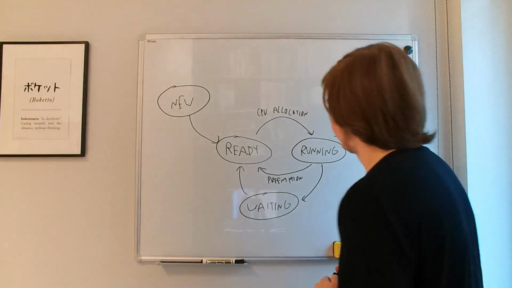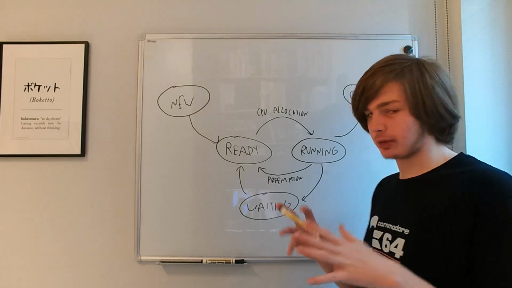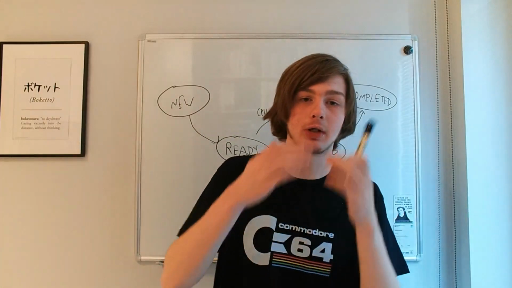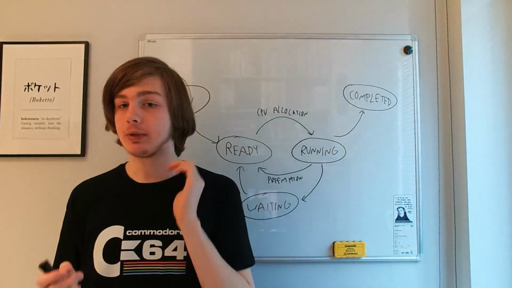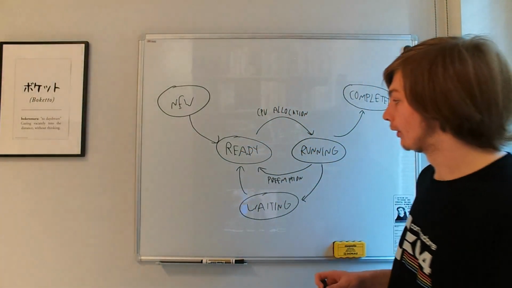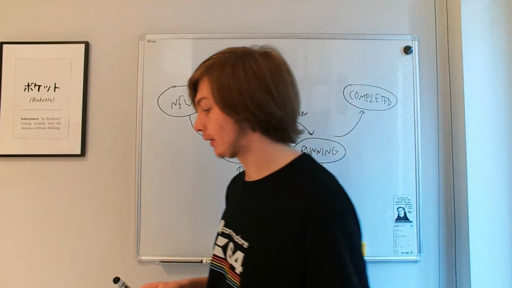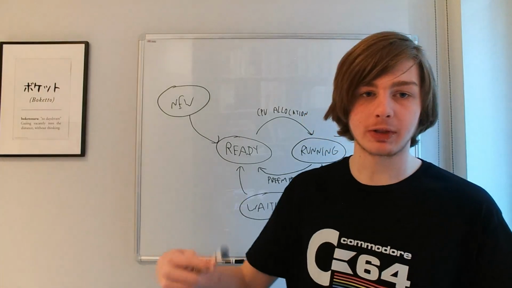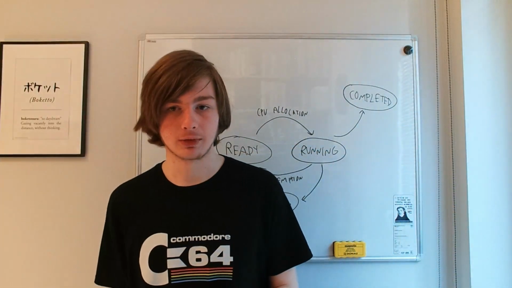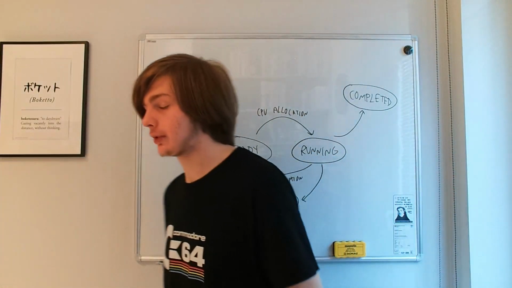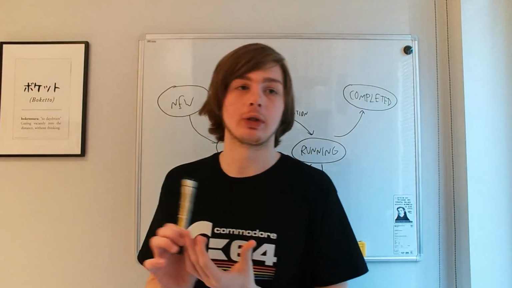So obviously this is also a simplified diagram, especially if you have something like a multi-processor operating system. So for example, if your CPU has multiple cores, then you have as many running processes. You can have maximally as many running processes as there are CPUs, because in this diagram, if you have one CPU, you obviously can have only one process running at a time.